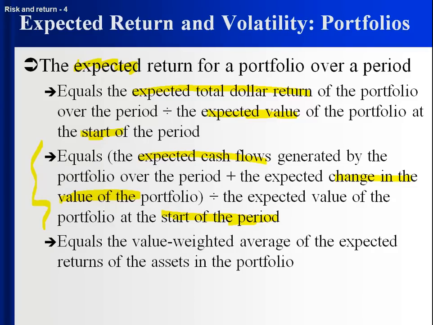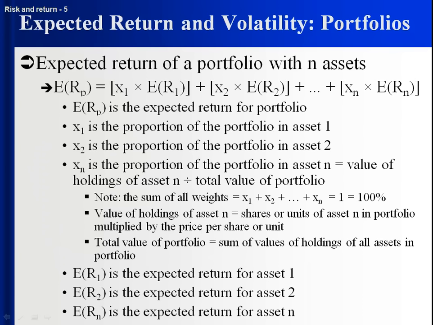Another way to get at this is a value weighted average of the expected returns of the individual assets in the portfolio. You can see this clearly: you've got a portfolio, and what's the expected return? Well, the portfolio has a bunch of different assets, and each one has its own expected return. You want to take an average, but you want to take into account how much of the portfolio is attributable to each of those assets.